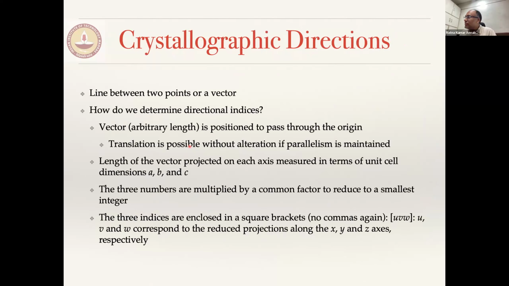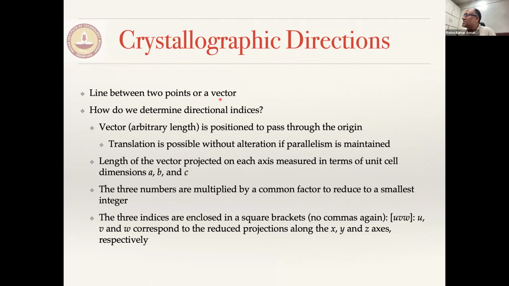So next we will talk about crystallographic directions. What does a direction mean? It's basically a line between two points, or in other words, a representation of a vector. Now, how do we determine the directional indices? There is a procedure one needs to follow to represent vectors in a consistent manner.